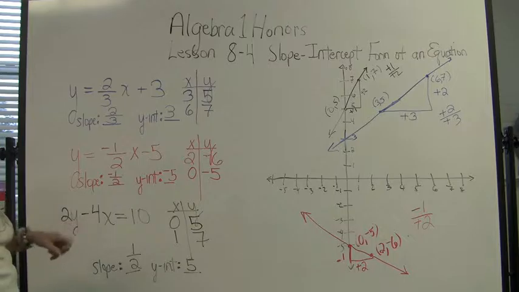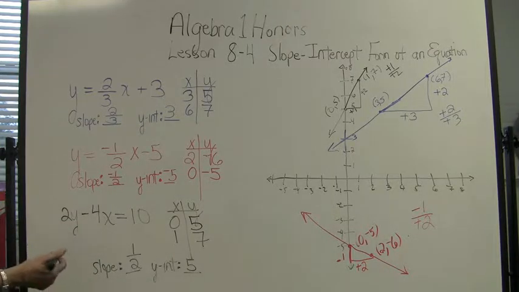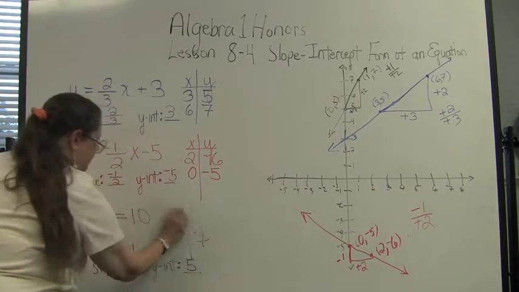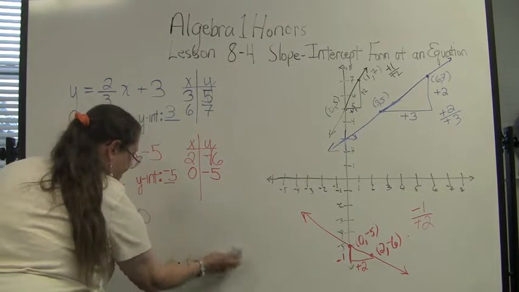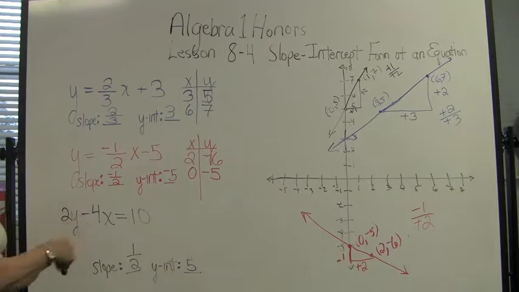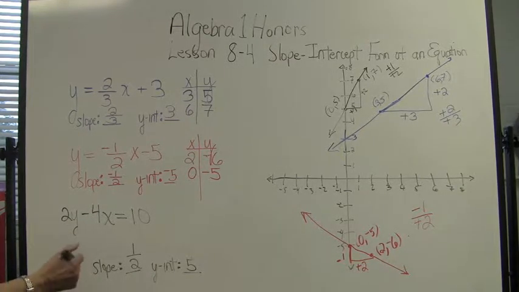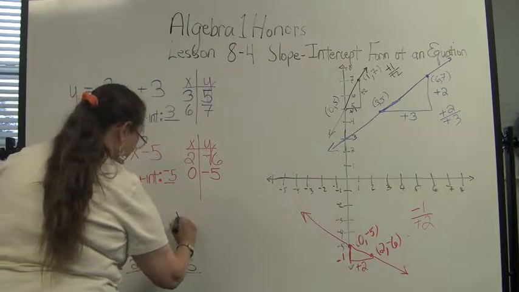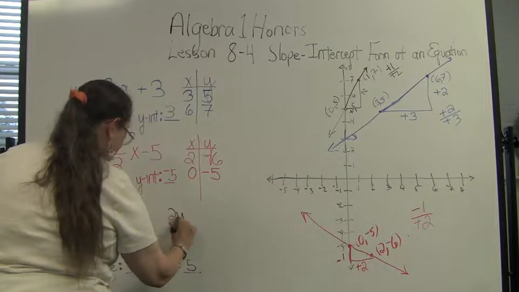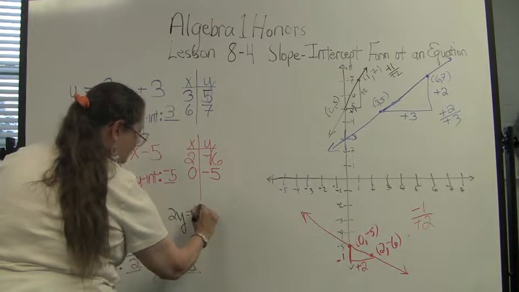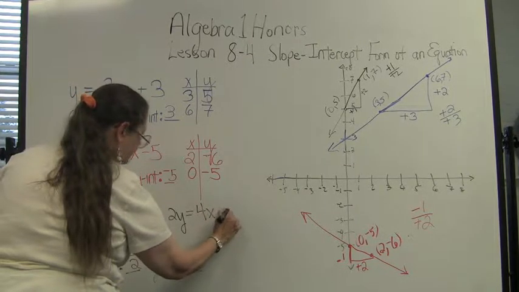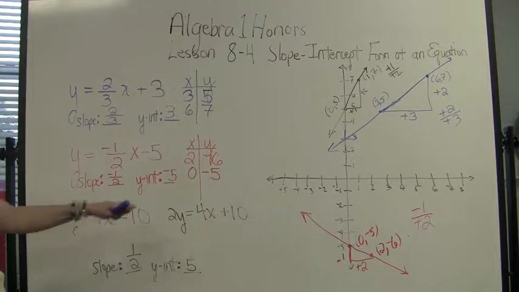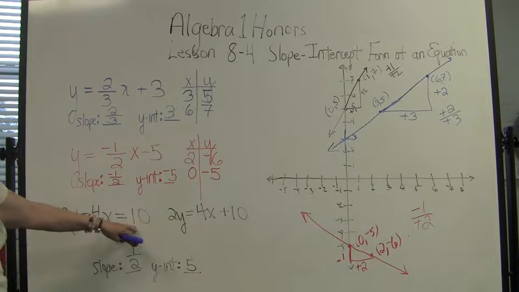Okay? So what I'm going to do first is, let's move the 4x to the other side. So then we're going to have 2y equals, we add 4x to both sides, and we get that. If we add the 4x, it goes away over here, and it comes on the other side.